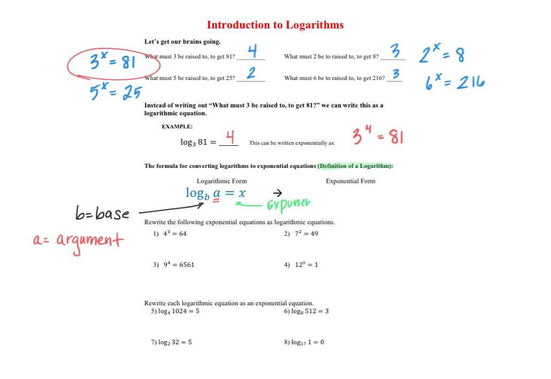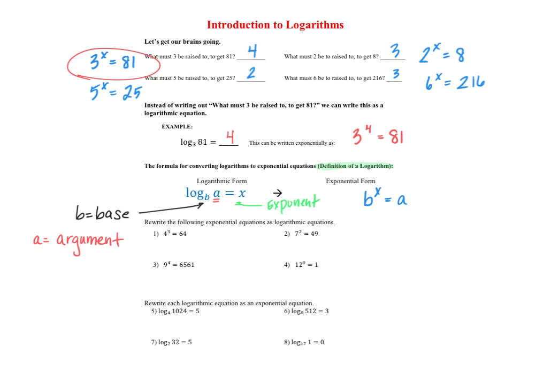So now when you're thinking about logs, logs are equal to exponents. Let's switch this to exponential form. Log base b of a equals x is equivalent to b to the x equals a. And my exponent is always focusing on the log.